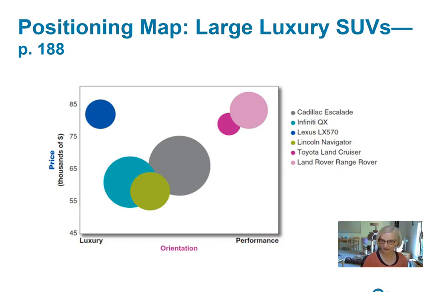So to me, it seems obvious that we don't want to be anywhere close to this because there's a lot of competition there already. And the same thing here. If we are in this area, luxury for a low price, well, we're not going to make any money, right? If we are down here where we have the low price but performance, well, there's maybe some wiggle room there.